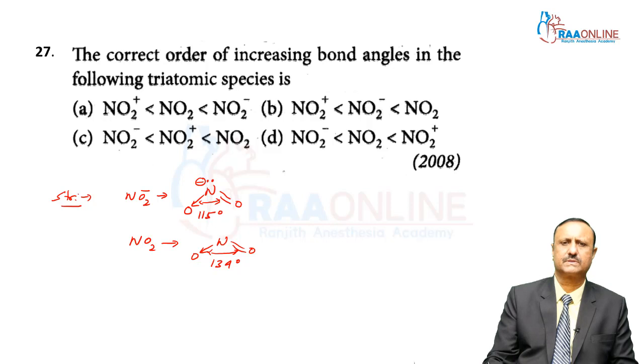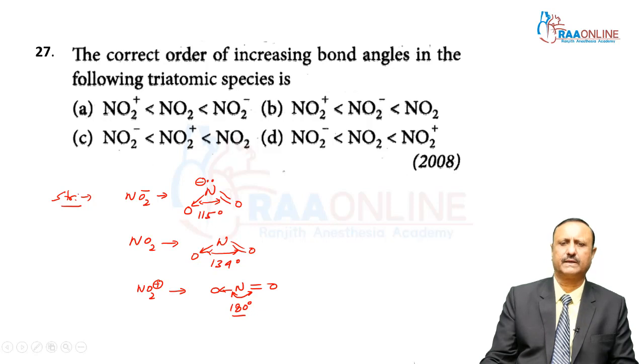Now, my dear students, here this is NO2 plus. In NO2 plus, the outermost electrons are removed. So, this repulsion is less and you can get this structure, and in this structure you get a 180 degree angle.